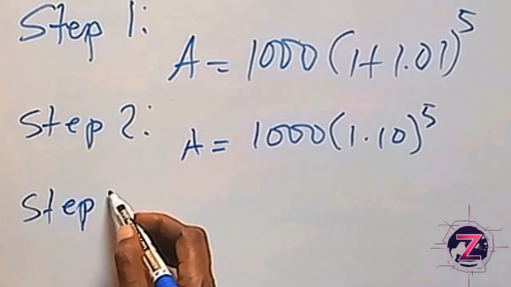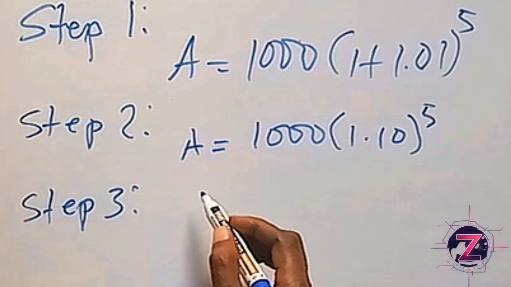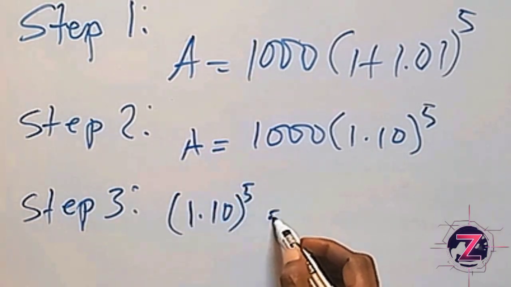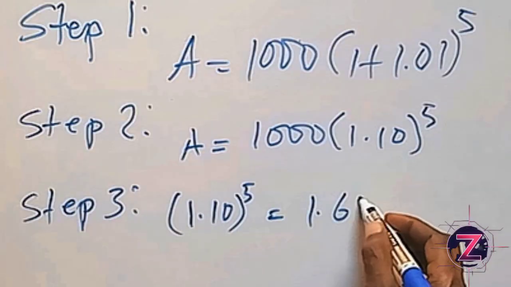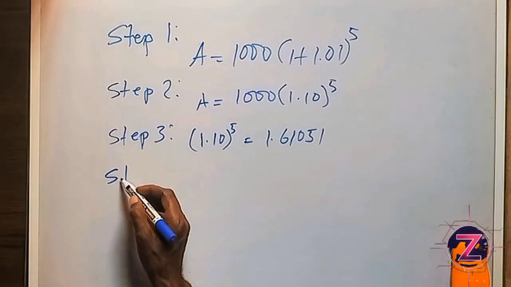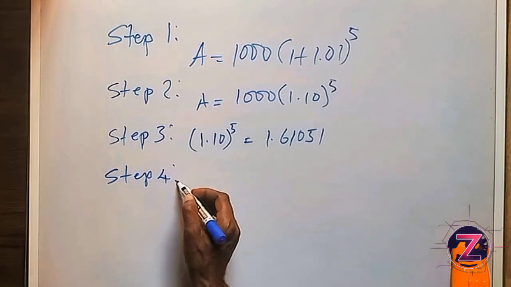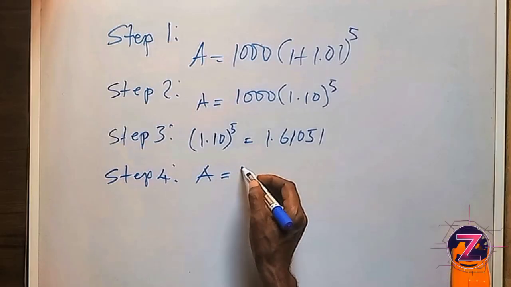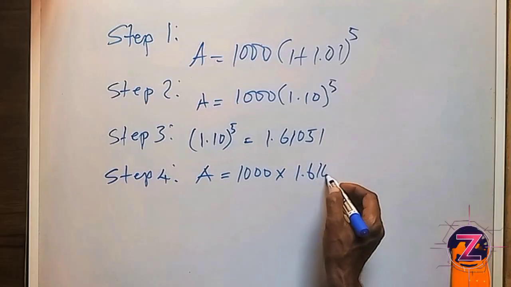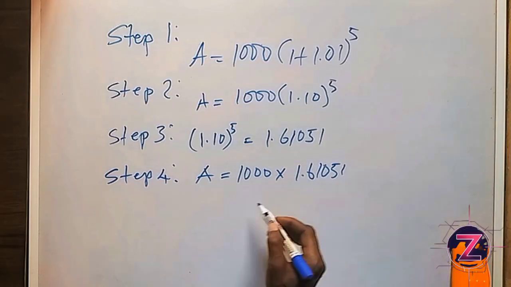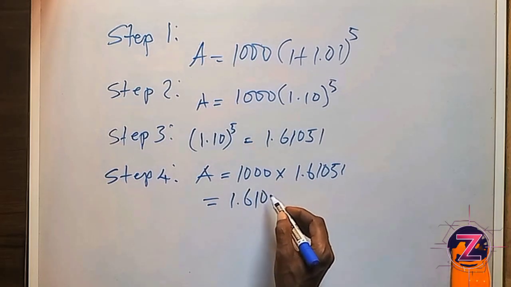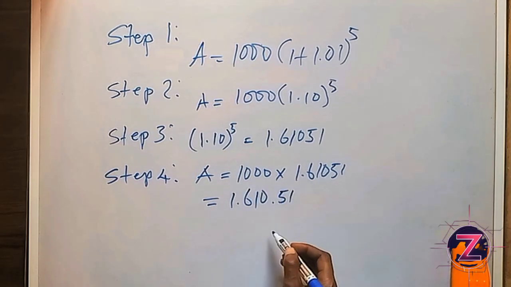Step 3: 1.10 raised to the power of 5 is equal to 1.61051. Step 4: A now becomes equal to 1,000 times 1.61051, which is equal to 1,610.51.